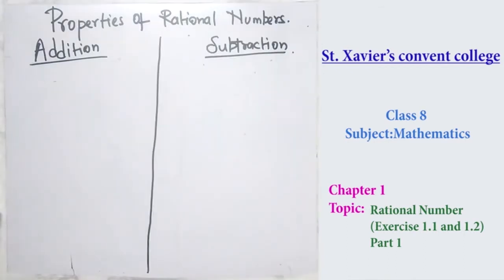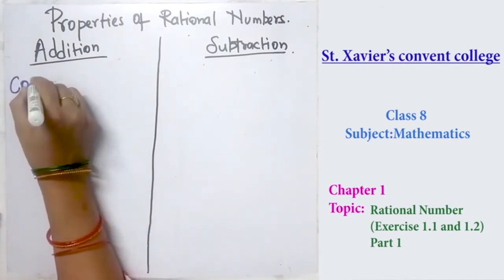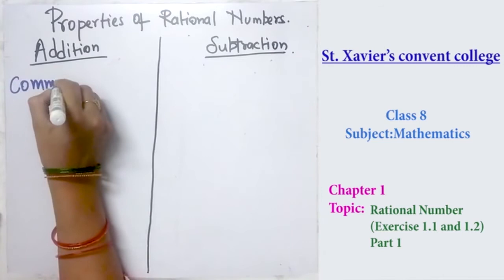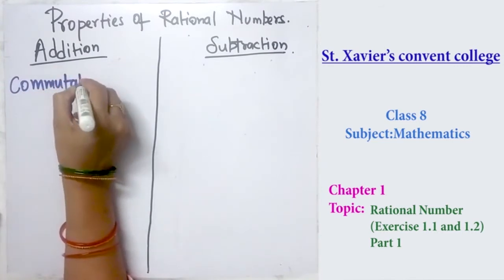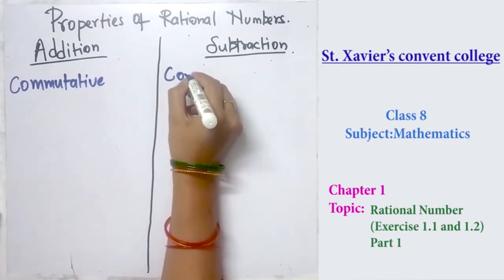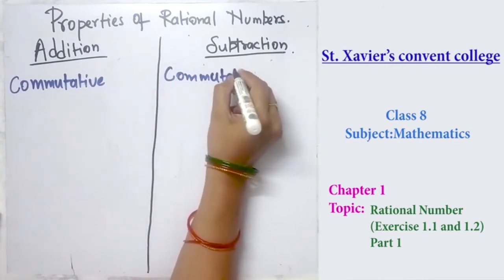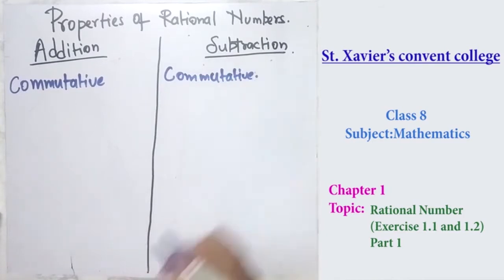Now under the heading of properties of rational numbers, we will discuss the next property after the closure property, that is the commutative property. In this property, it is necessary that both sides should be equal.